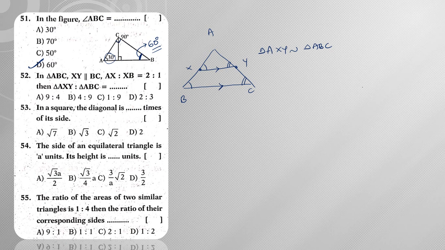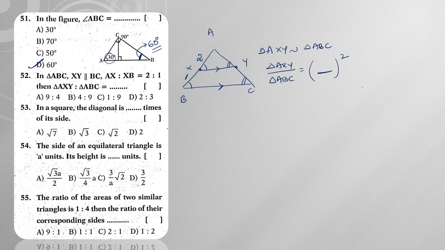Now what he has given, AX is to XB. So AX is 2 and XB is 1. Now we can say, area of triangle AXY by area of triangle ABC can be written as the whole square of the ratio of the sides.